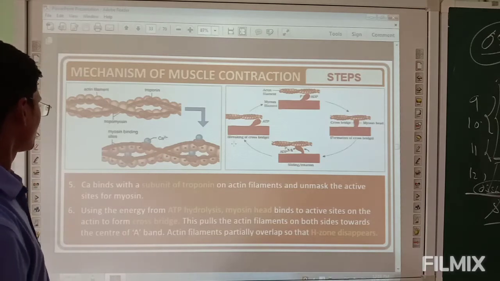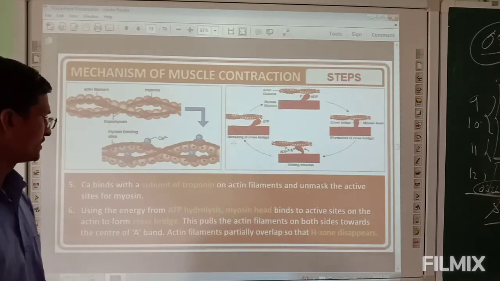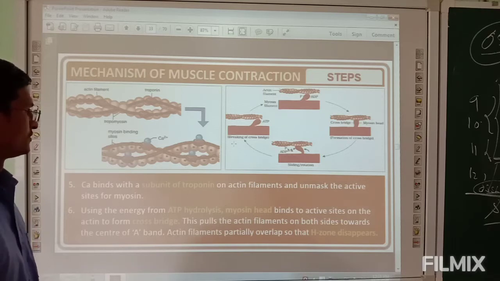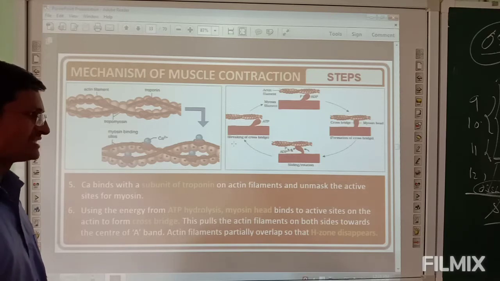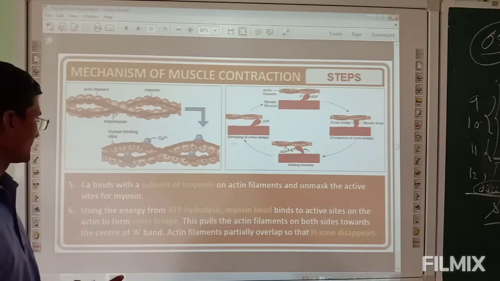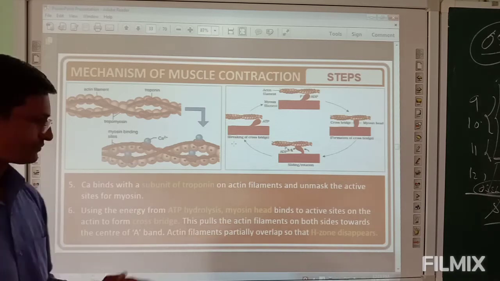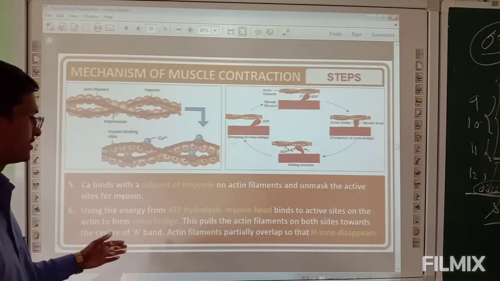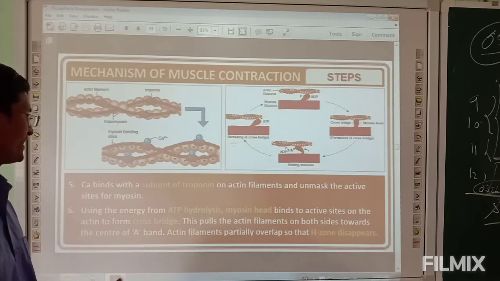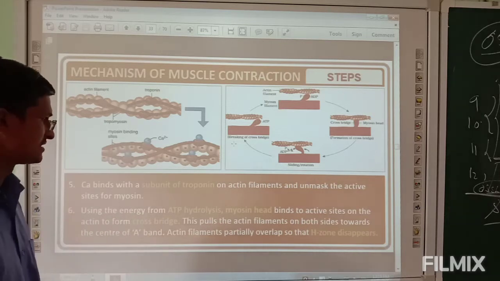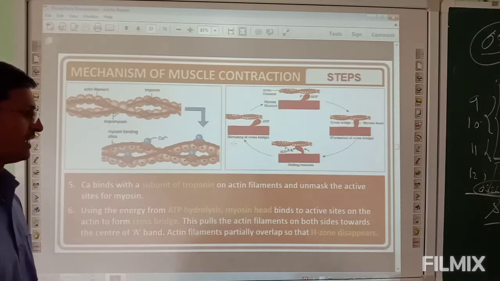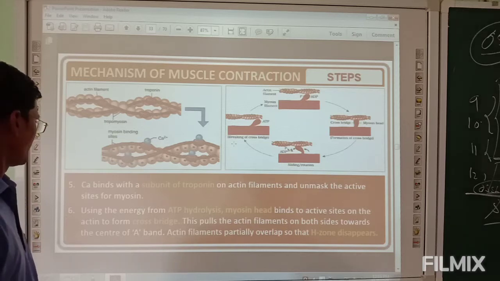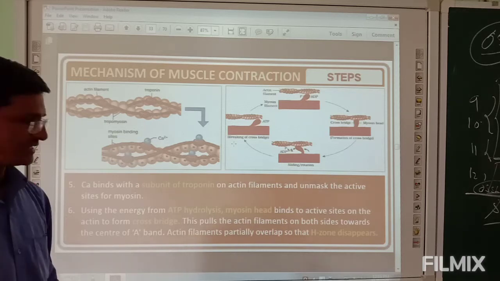The third step: calcium binds with the subunits of troponin on the actin filament and unmasks the active sites for the myosin. I am giving you different steps so you can understand. Using the energy from ATP hydrolysis, the myosin head binds to the active site on the actin to form a cross bridge.